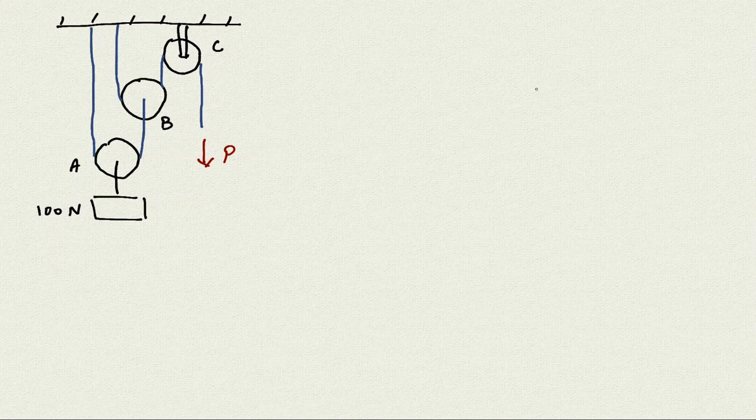So I will go ahead and first of all cut away that very first pulley. I will cut away the pulley A at that point. So if I cut it away, this is what I'm going to have. This is the pulley A, and here I have the weight of 100 newtons.